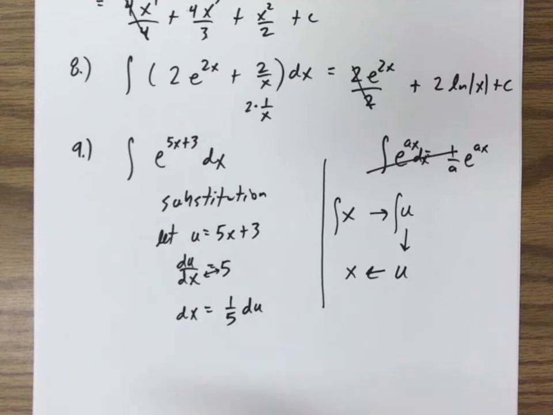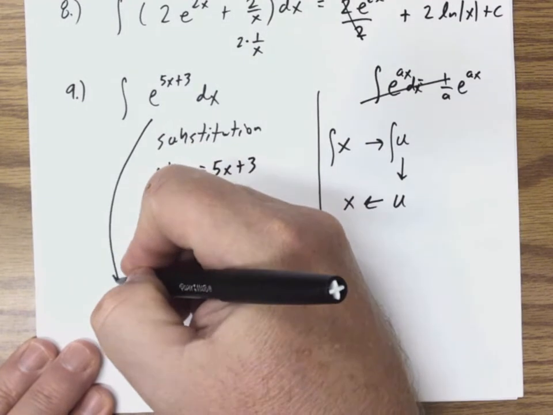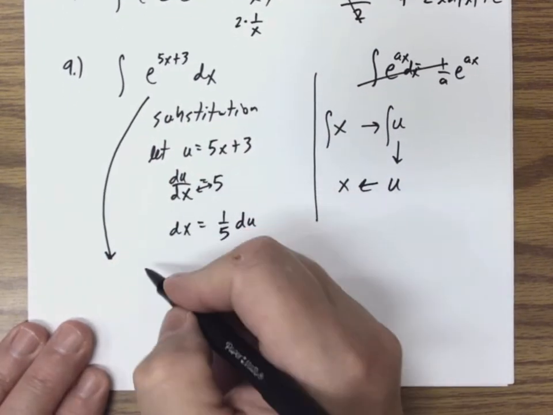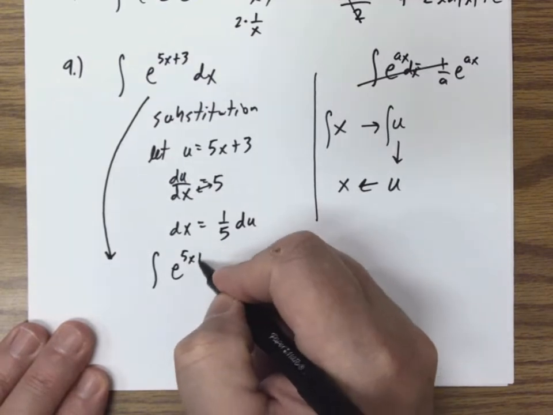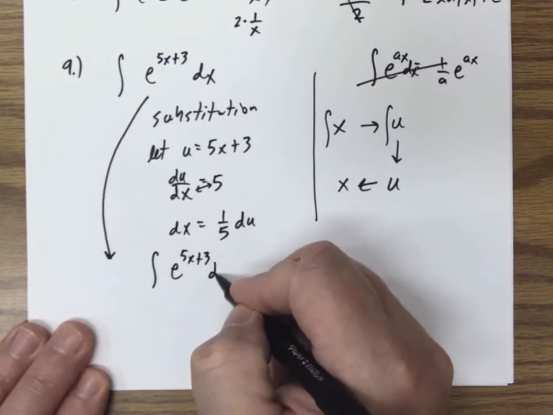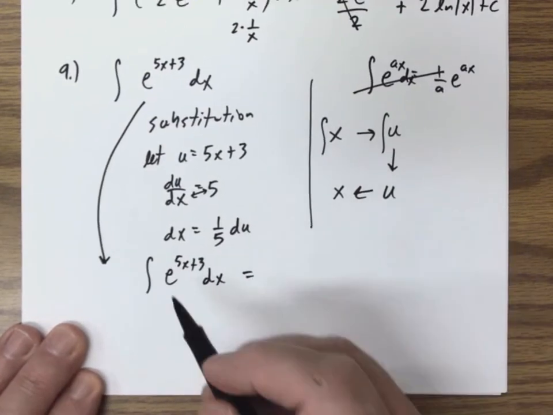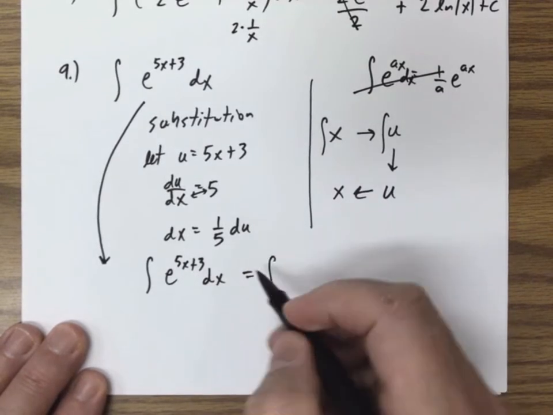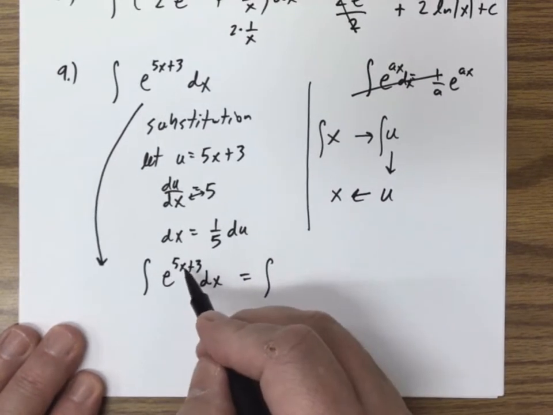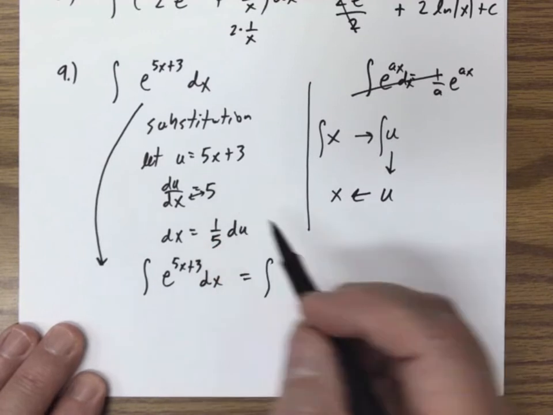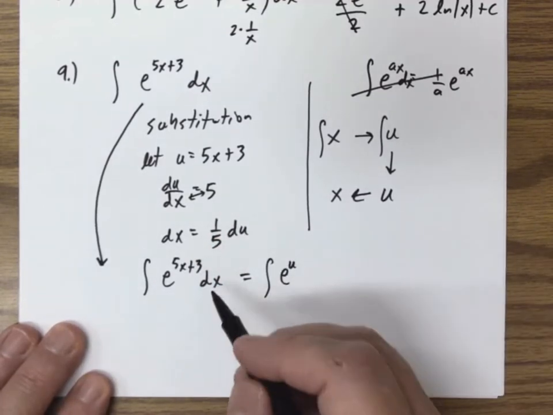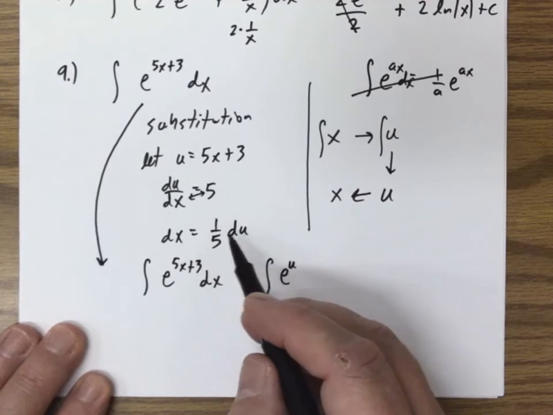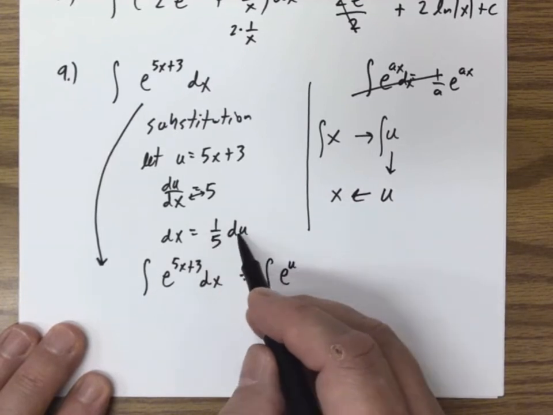So now, let's do my substitution. So my original problem had x's in it. e to the 5x plus 3, but now 5x plus 3 I'm calling u. So I can rewrite this as e to the u. And then dx I'm going to replace with 1/5 du.